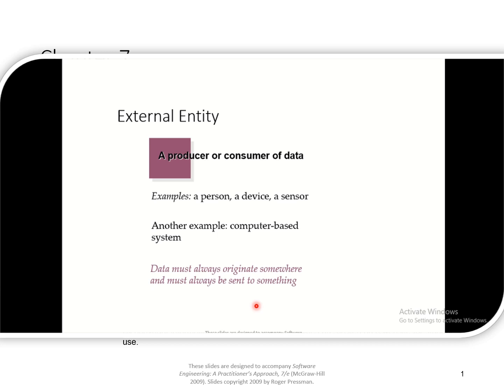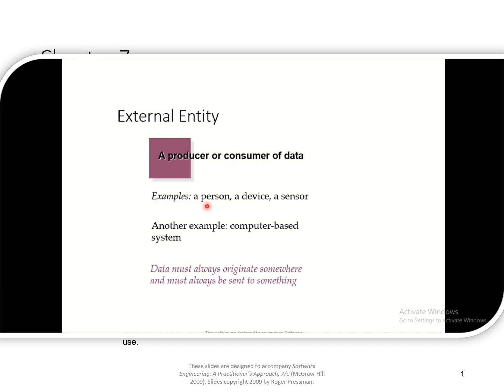External entity. External entities are basically the primary entities which are used to produce info that is being used by the system, and also it can consume the generated info by the system. So you can say it can act as a producer or a consumer of data.